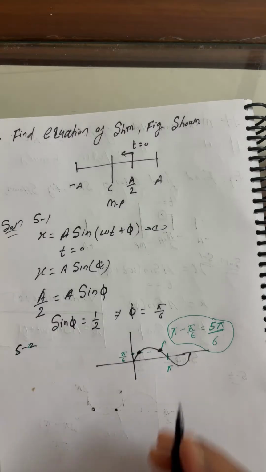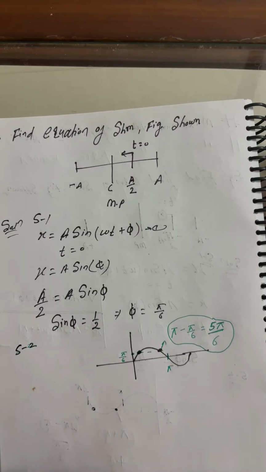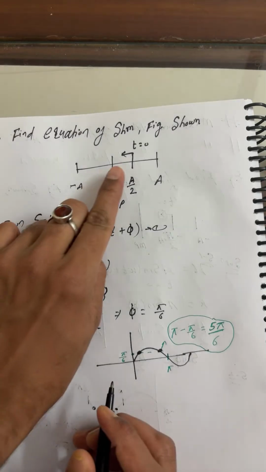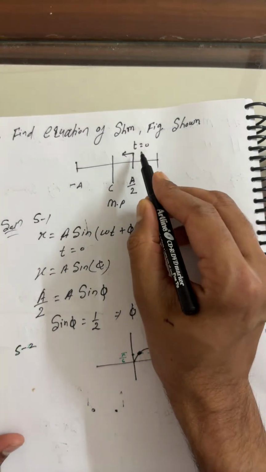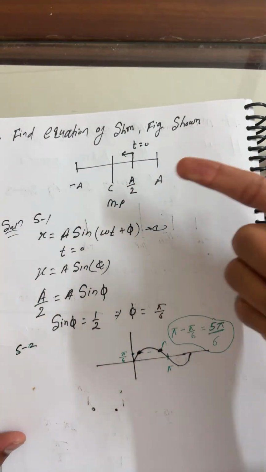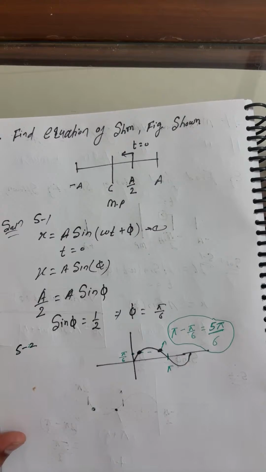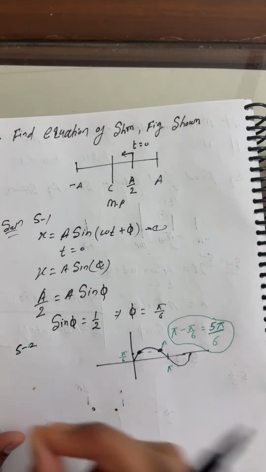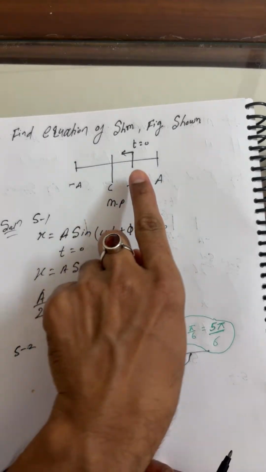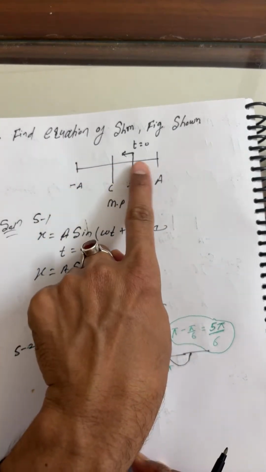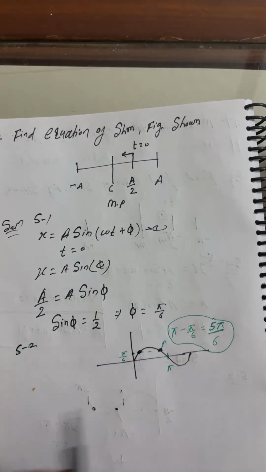Okay, very good. Now for this condition, what is the direction, how can we write the final equation? At t equals 0 the direction of motion of the particle is important to understand how to write the final equation. In this direction the velocity is negative.